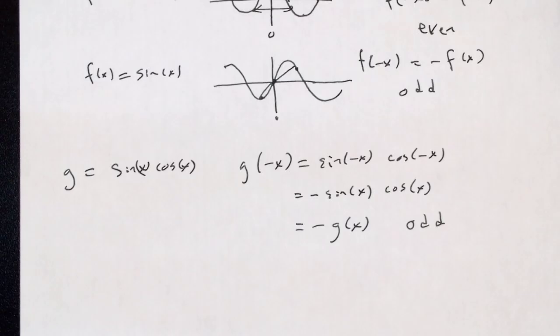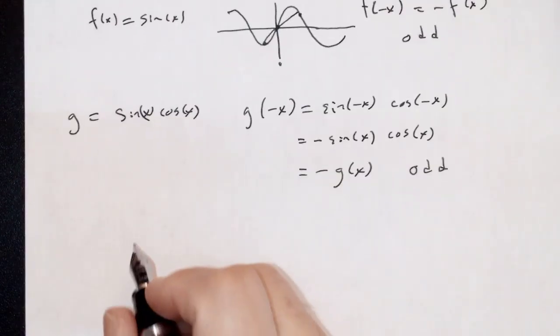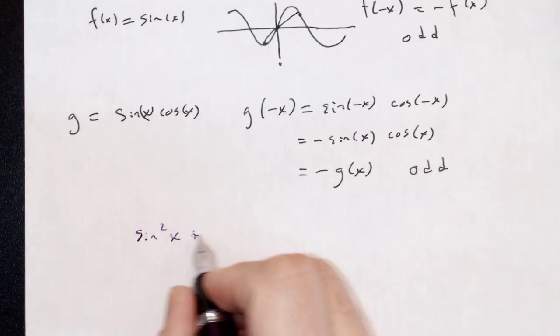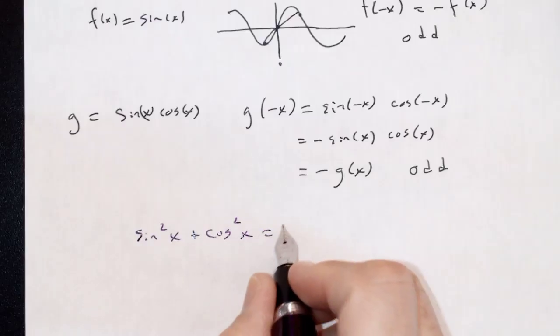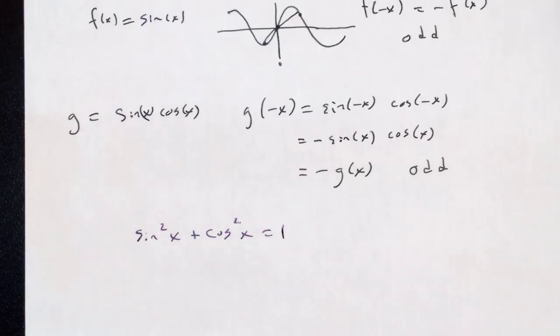Pythagoras. Sine squared plus cosine squared is 1. That's my Pythagorean identity. There are other versions of this. There's one involving tangents and secants, and one involving cotangents and cosecants. What's tangent? Tangent's sine over cosine, right?